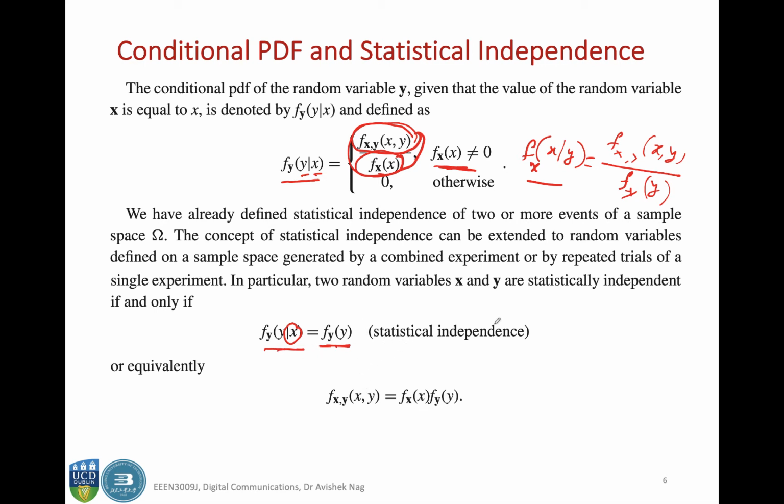And if this holds, then from this equation this will also hold. So this is the condition of statistical independence: the joint PDF of x and y is equal to the product of the marginal PDFs of x and y.